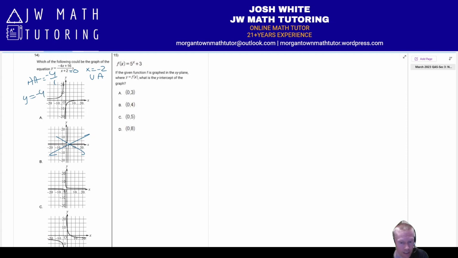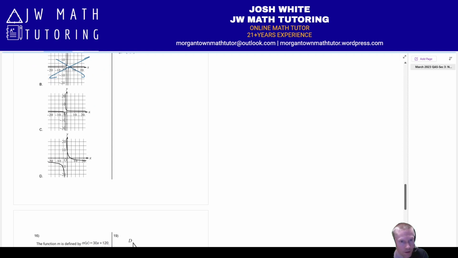When we look at the possible answer choices here, A does not have a horizontal asymptote at -4. That would be somewhere down around here. So that one's out. C does not have a horizontal asymptote at -4. Again, that would be down here below the x-axis. D does look like it has a horizontal asymptote of -4, and it's also correct by process of elimination.